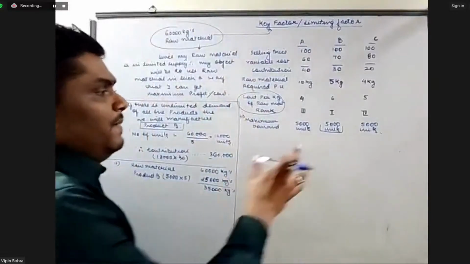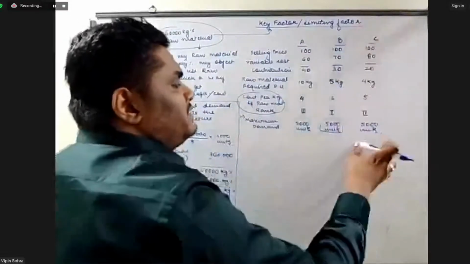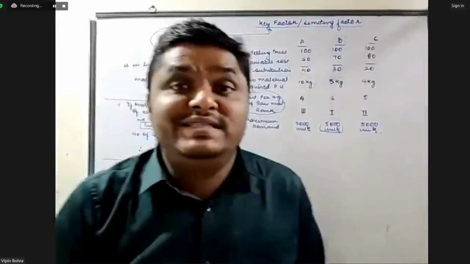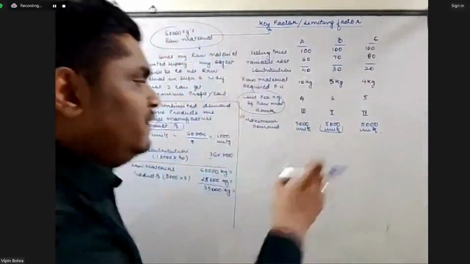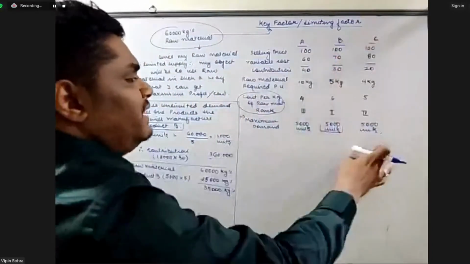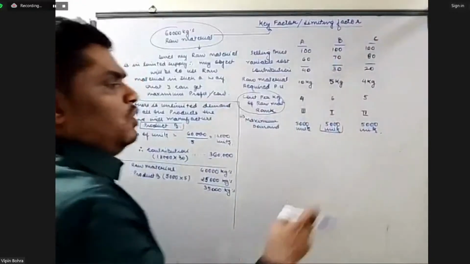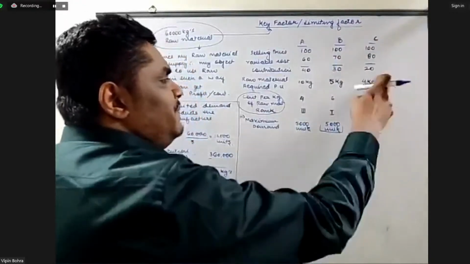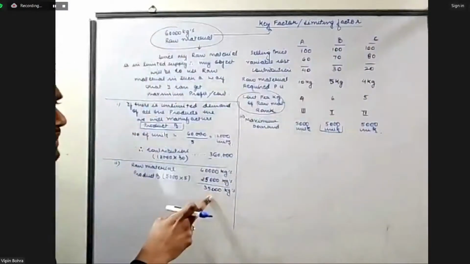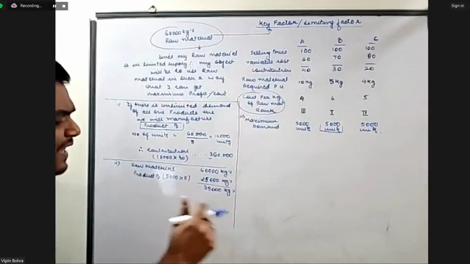Now, my second priority is what? Product C. After product B, the second most profitable product is to manufacture product C. So thereafter, what we will do is we will fulfill the demand of product C. So how much raw material is required to manufacture 5,000 units? Very simple, 20,000. Do we have 20,000 kgs of raw material? Yes, we have.